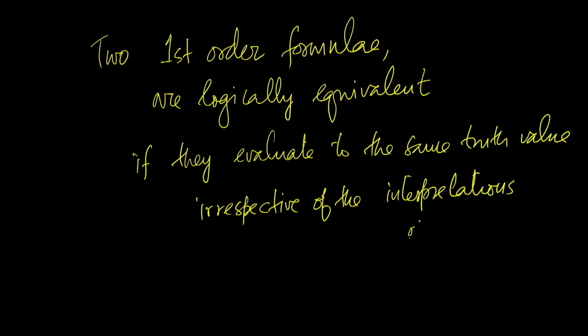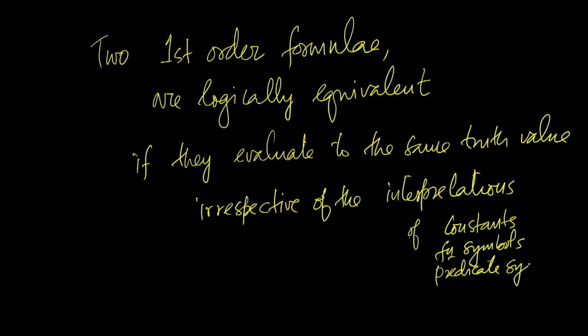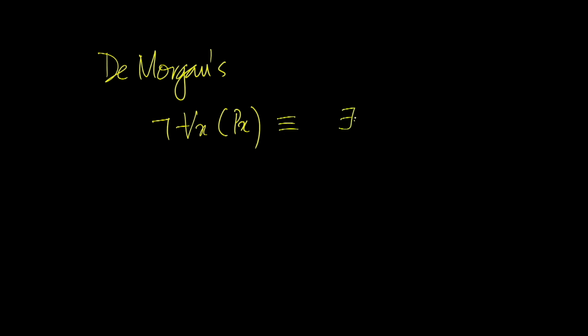Interpretations of constants, function symbols, predicate symbols, etc. For example, by De Morgan's laws, as we saw just now, negation of for all x px is logically equivalent to there exists x negation of px.